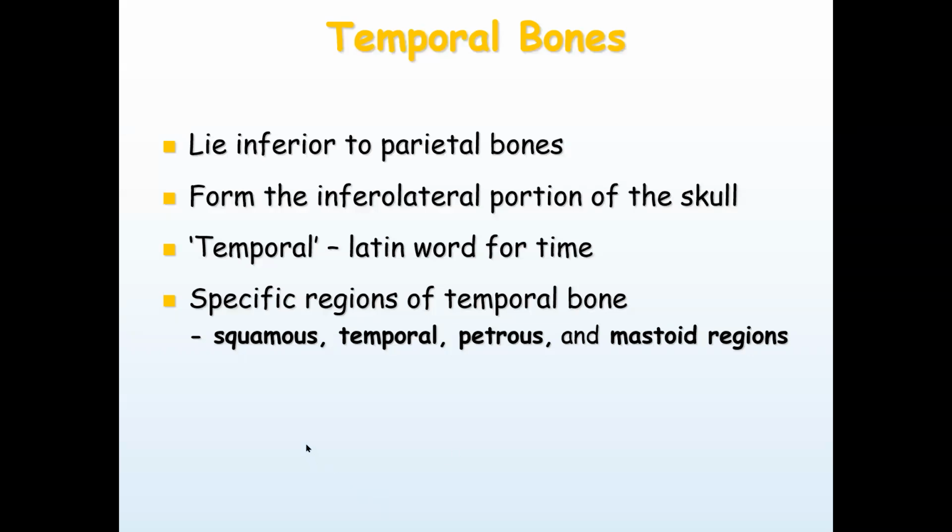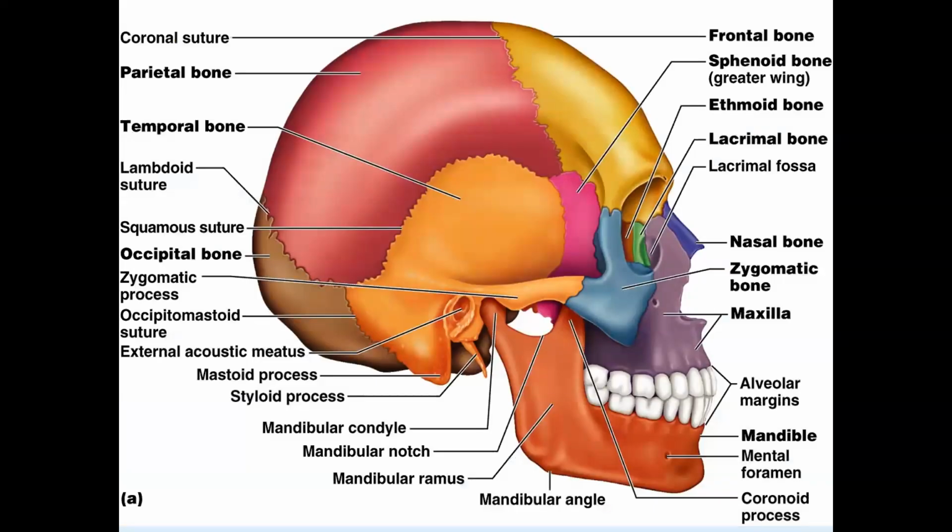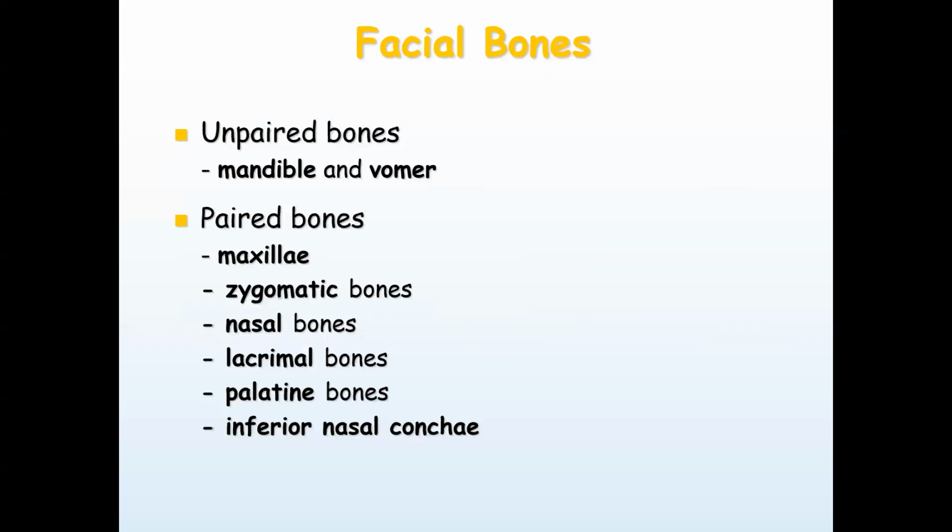Now, specific regions of the temporal bone you need to be aware of, of course, are the squamous, temporal, petrous, and mastoid regions. Okay. Now, generally speaking, I'm not going to harass you too much about the major regions either, because when you do skeletal system in med, they'll beat you over the head with those.